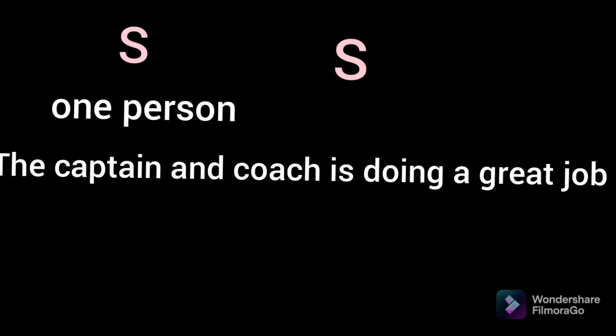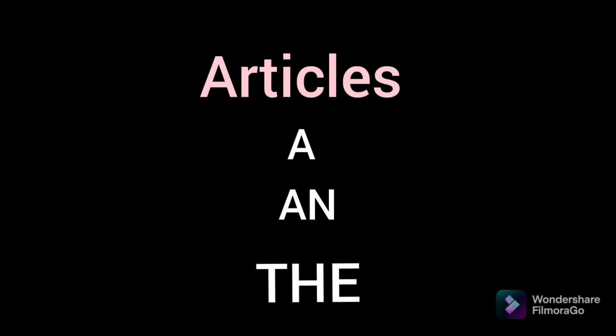Now, how did we know the captain and coach is the same person? Because the article the was not repeated. Now, articles are a and the. We use them before nouns, right? So, if an article is repeated, that means they're talking of two different things or two different people.